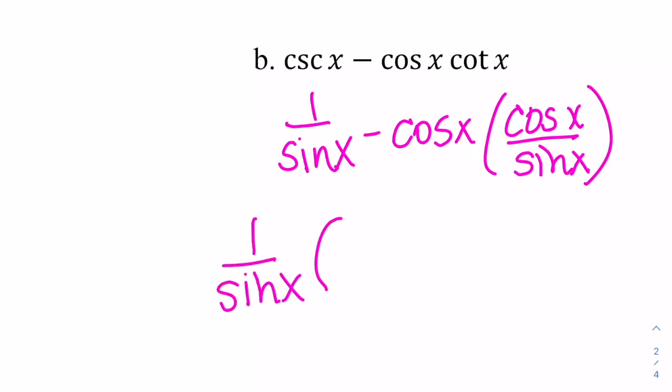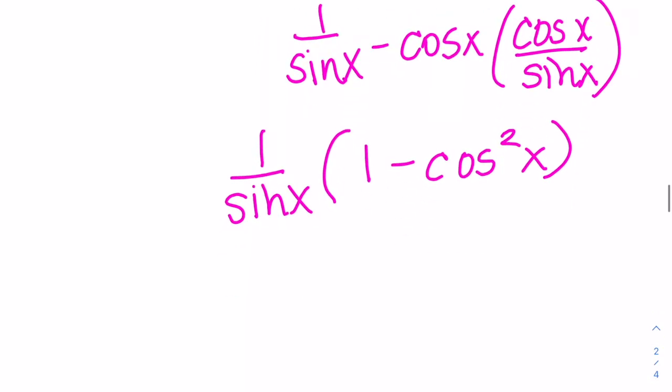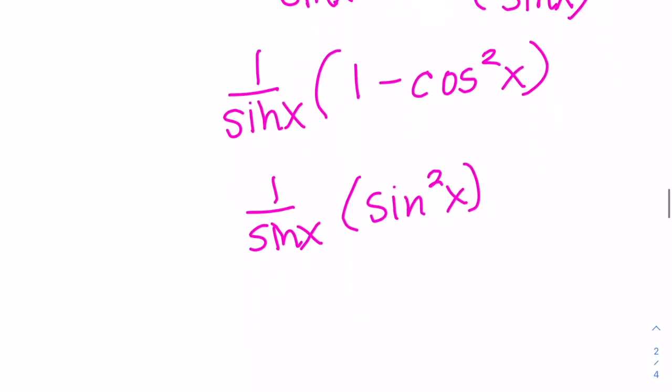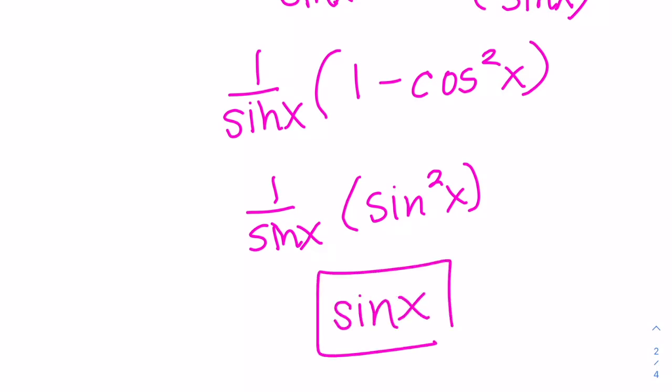So essentially, cosecant factors out. And I'll be left with 1 minus cosine squared of x. And here we see the Pythagorean identity again, and we know that 1 minus cosine squared is equal to sine squared. And then again, one of the sines will reduce, and we'll be left with sine of x.